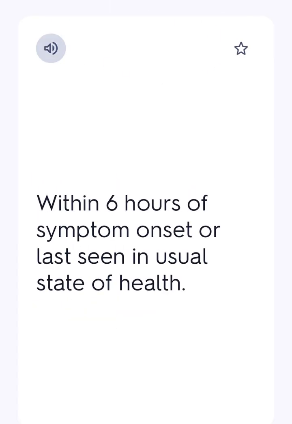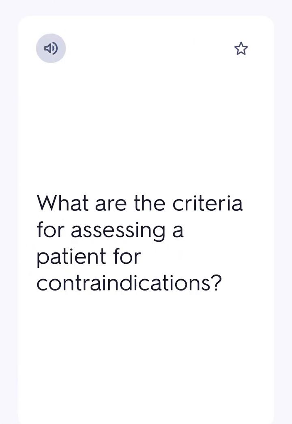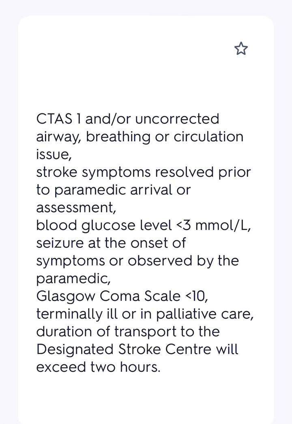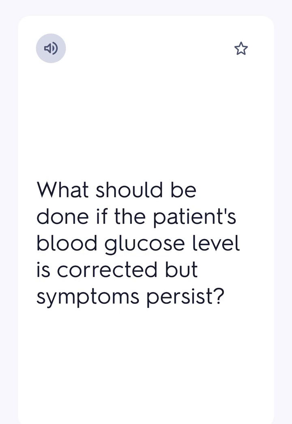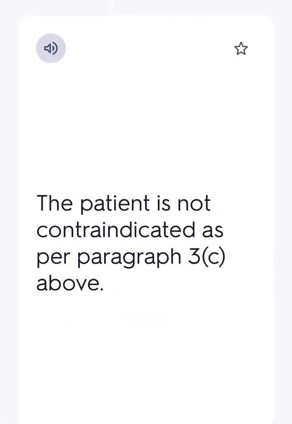Within 6 hours of symptom onset or last seen in usual state of health. What are the criteria for assessing a patient for contraindications? What should be done if the patient's blood glucose level is corrected but symptoms persist? The patient is not contraindicated as per paragraph 3 above.